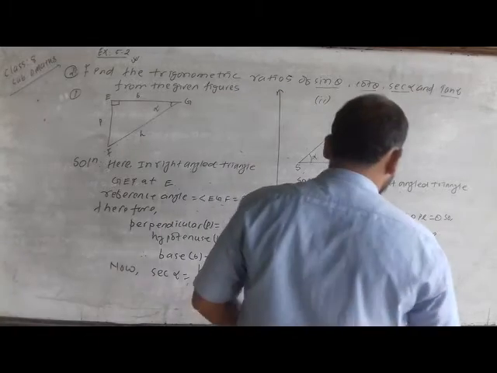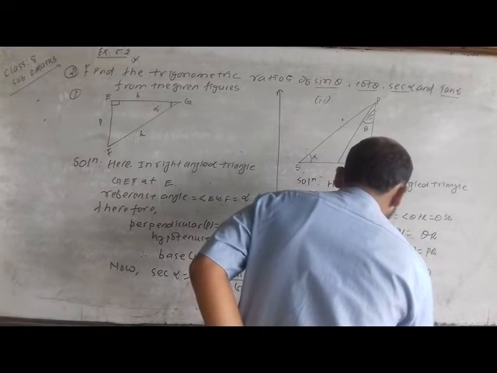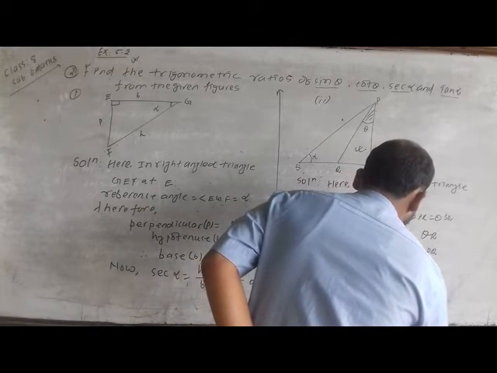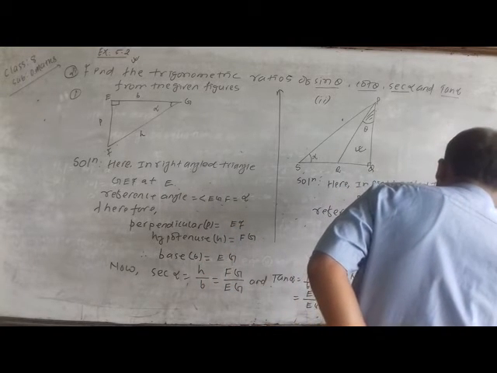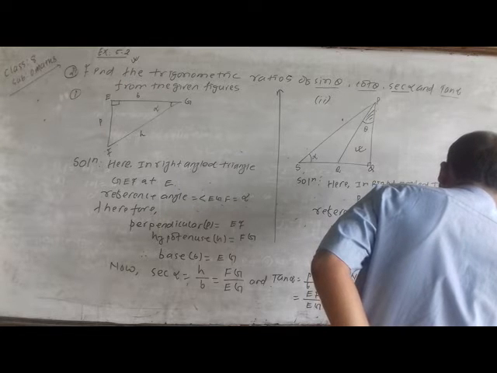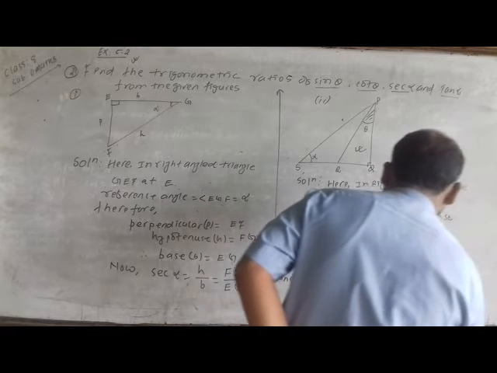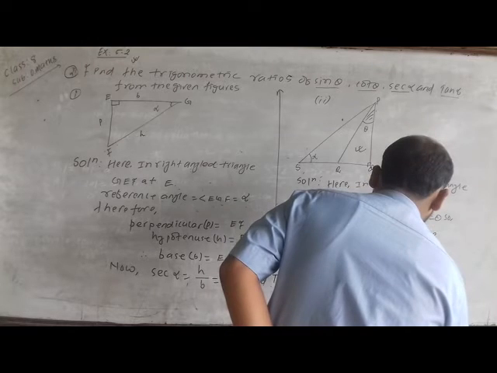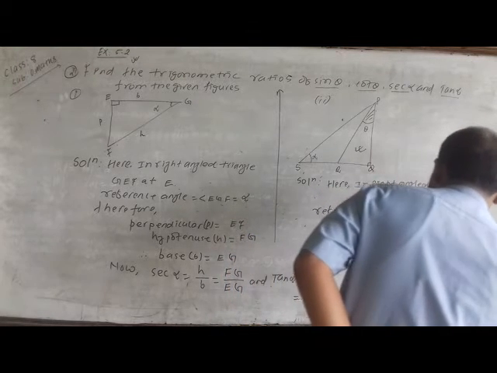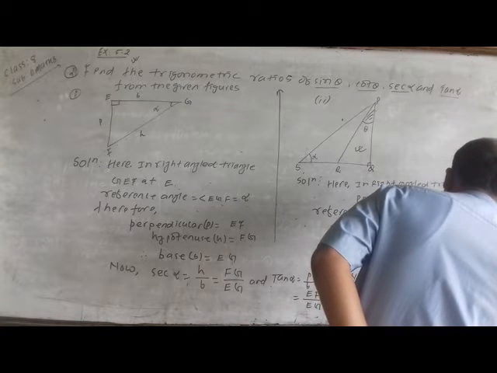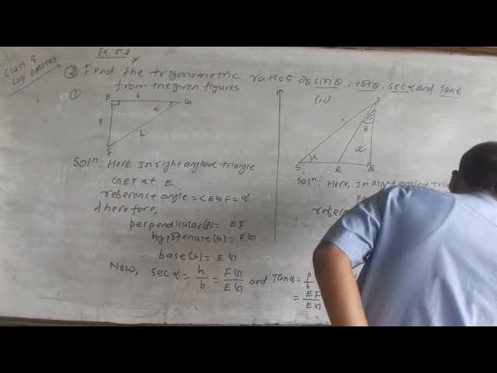Then your question says find sin theta. So now you write the formula of sin theta, P by H. P represents QR and H represents PR. And your question also says cot theta, B by P. B represents PQ and P represents QR.